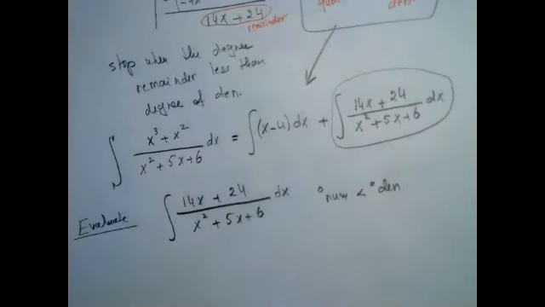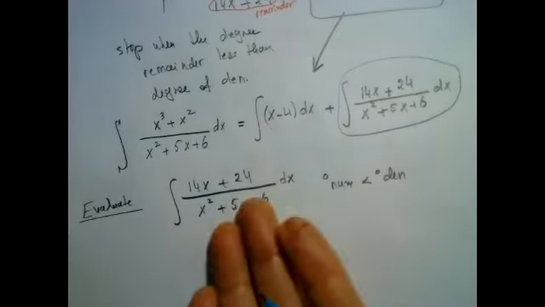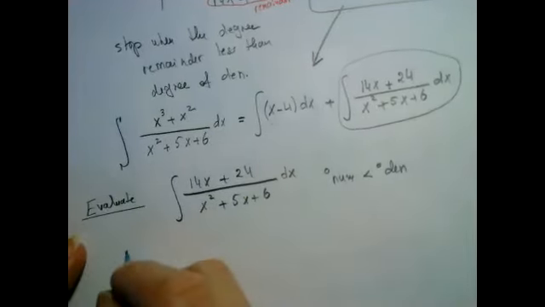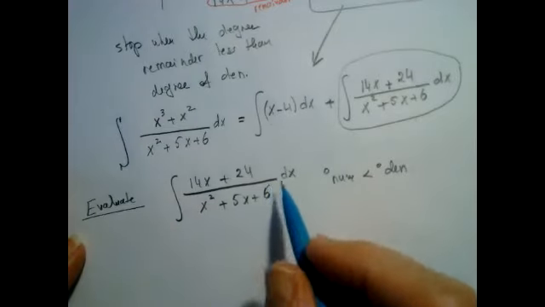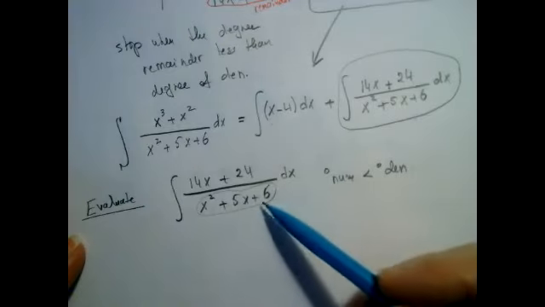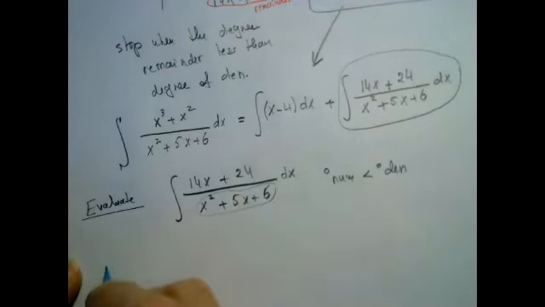So we're back in our previous scenario. The only way to do it, no substitution is going to work, is partial fraction decomposition. In partial fraction decomposition, I only have one quadratic term. So we ask ourselves, can I factor this quadratic term? We don't start completing the square. We ask ourselves, can I factor this?